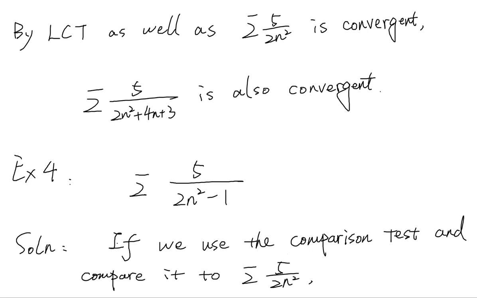is that bn, equal to 5 divided by 2n squared, the series you want to compare to, is less than 5 divided by 2n squared minus 1, which is an, because this one has a larger denominator.